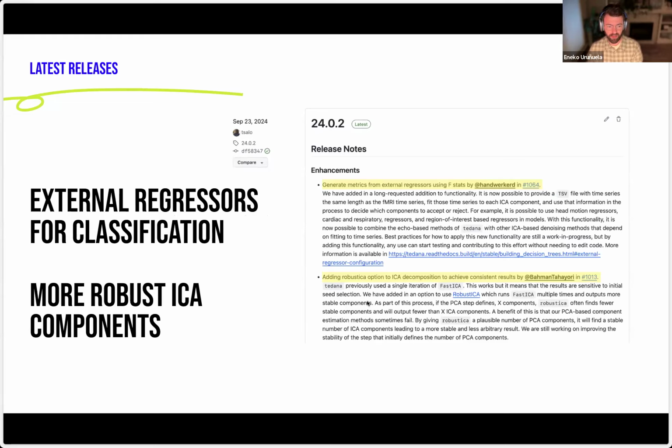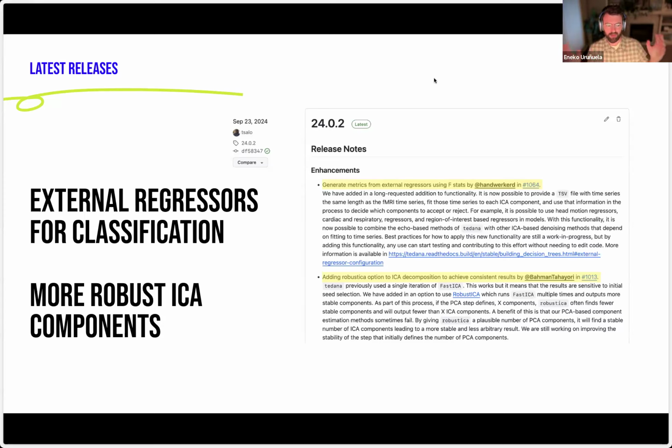On that same release, we added this robust ICA option, which should give you more robust components. Basically, it's running ICA a bunch of times and then trying to find what components are stable across all those 5-10 runs, and it only gives you those.